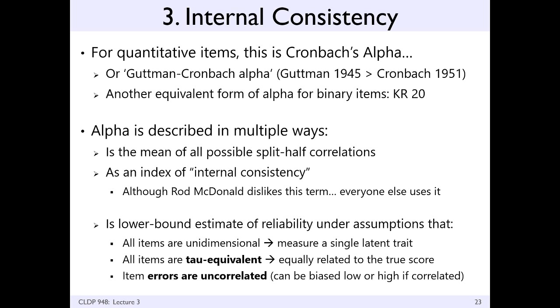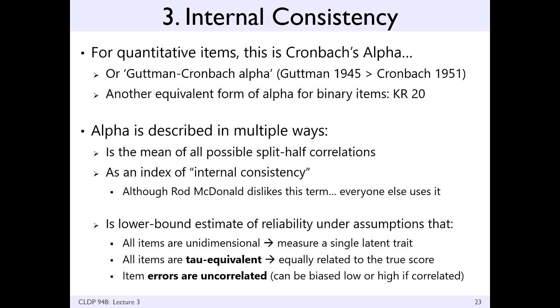The slopes in the measurement model would be the same across items. That's a pretty strict assumption that hardly ever holds in practice, and it assumes the errors are uncorrelated. So there's no additional reasons why the items would be related beyond just the one single thing that it measures. So these are all fairly strict assumptions.